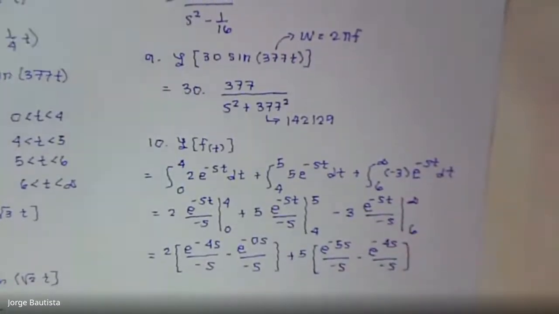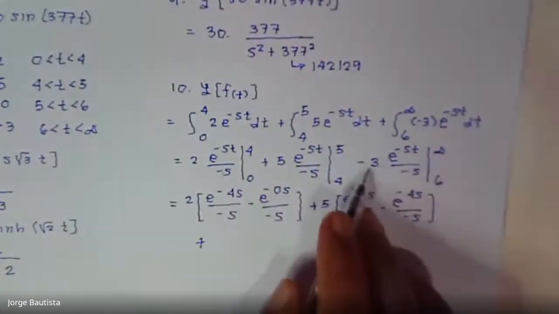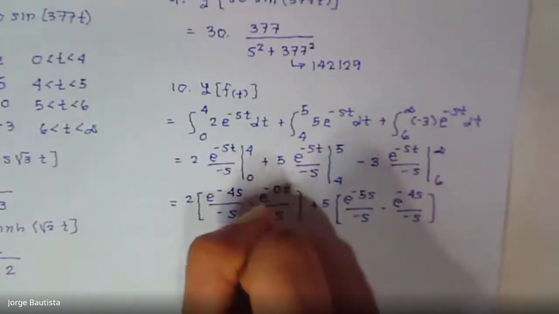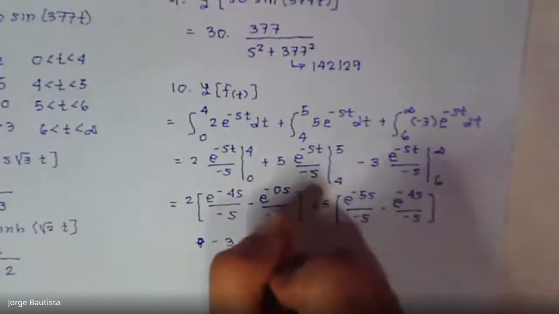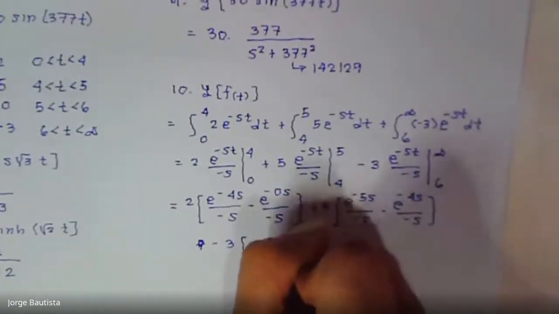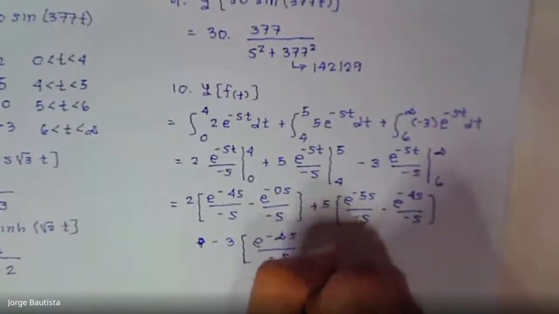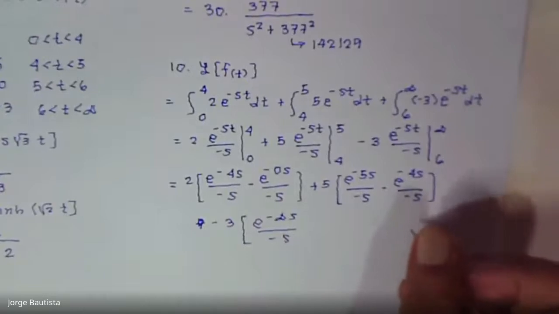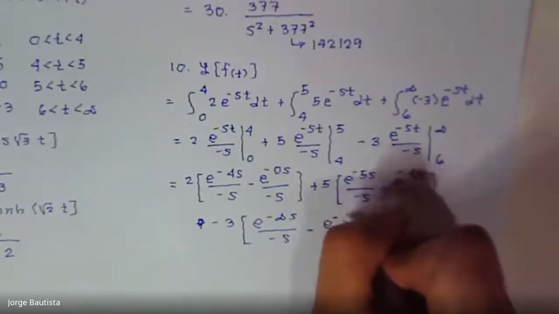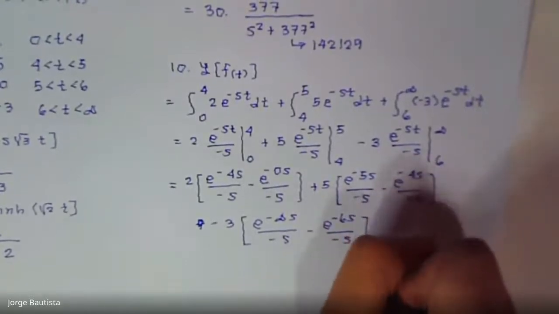Okay? Plus, itong negative 3, no? Okay, minus pala yun. So, minus 3. Then, we have e raised to negative infinity s all over negative s. No? Minus e raised to negative 6s all over negative s. Okay?